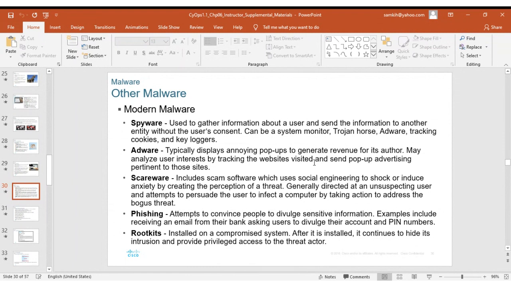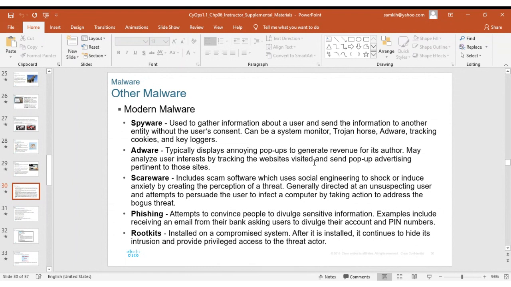So we have scareware. This one includes scam software which uses social engineering to induce anxiety by creating the perception of a threat. So maybe you find a message scaring you to do something, popping up on your system.